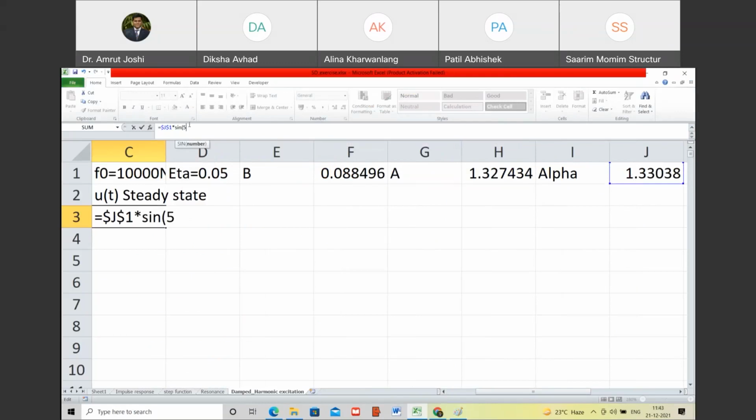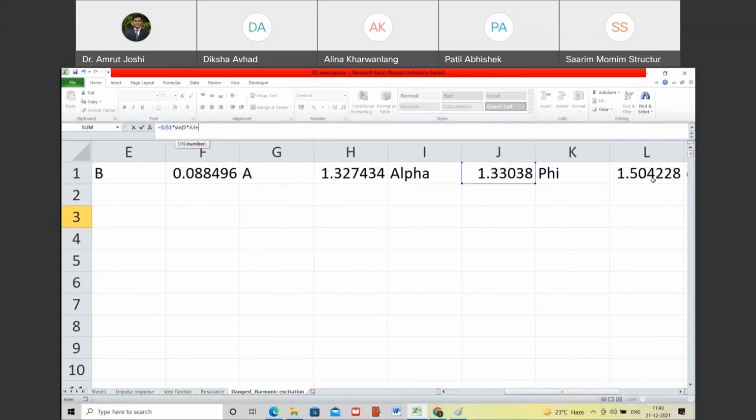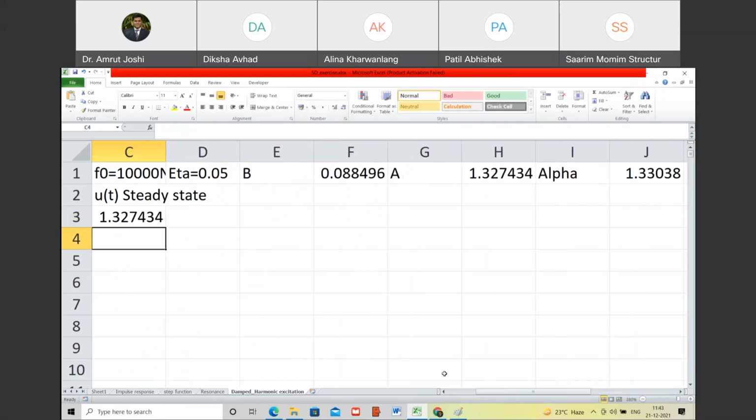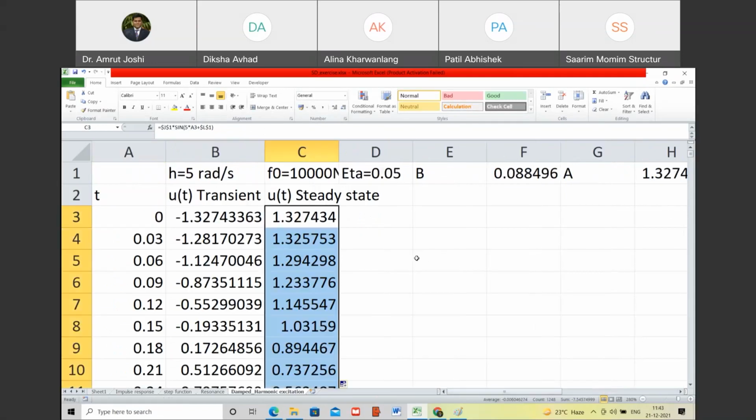So what is the value of lambda? 5 into t. What is the value of t? T plus phi. Where is phi? This one. And here also we need to preserve this cell, so a dollar needs to be put before and after the location designation. So this value is 1.32. Are you with me? And you will see that it is fluctuating between plus minus alpha.